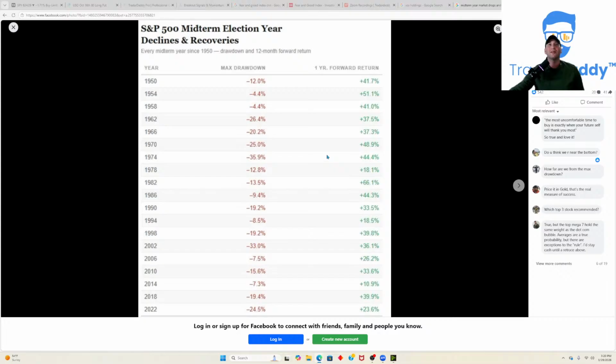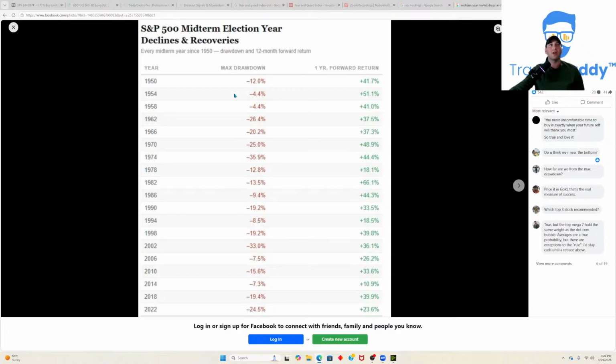You know, I mean, it happens every year, not even during midterm years, but I've been teaching this since 2014. I've been a financial advisor since 2012, and the psychology of people's own money is very interesting to me because for some reason people do not want to buy assets when they're on sale.